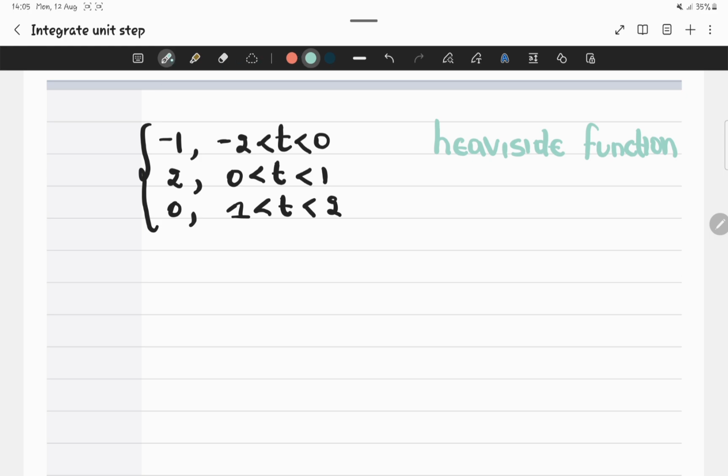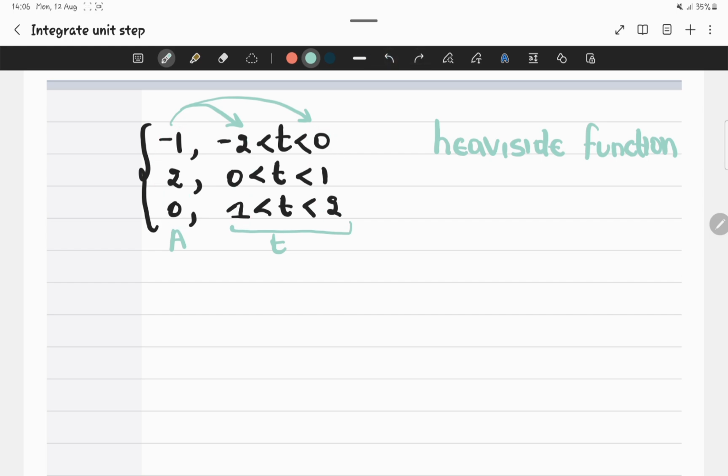Let me just keep what is going to be inside here. It's going to be 1 times this interval times that interval. What you see here is the amplitude, and what you see here is the value of t, the start and the end of the interval.